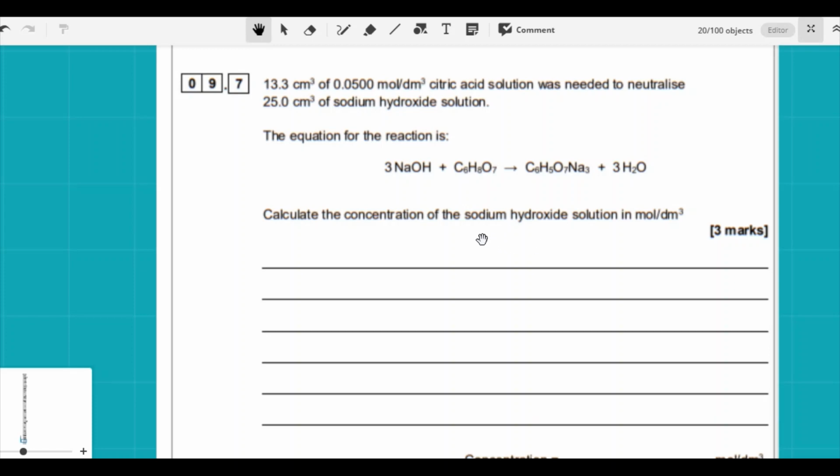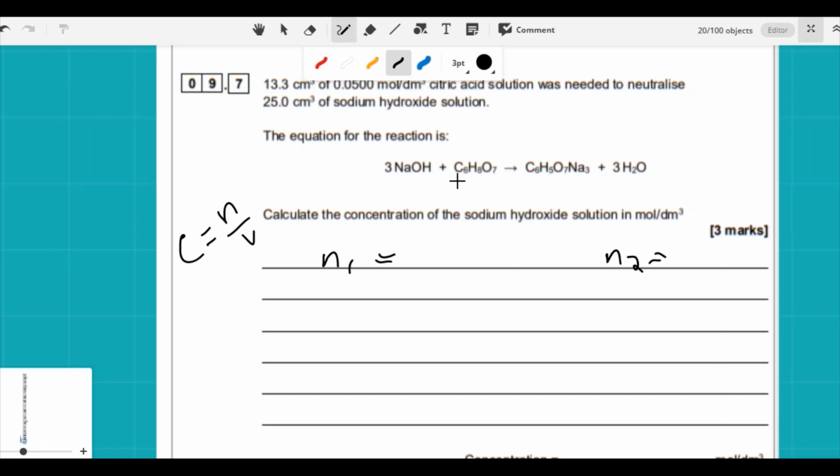First of all, the concentration is equal to n over V. So first we need to find the moles of citric acid, which I am going to represent with n1, and then we will compare with n2.